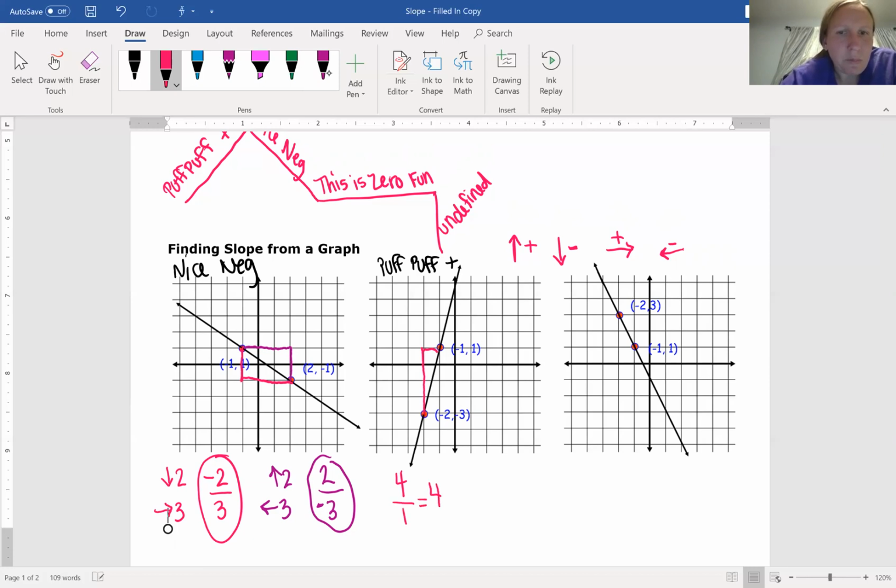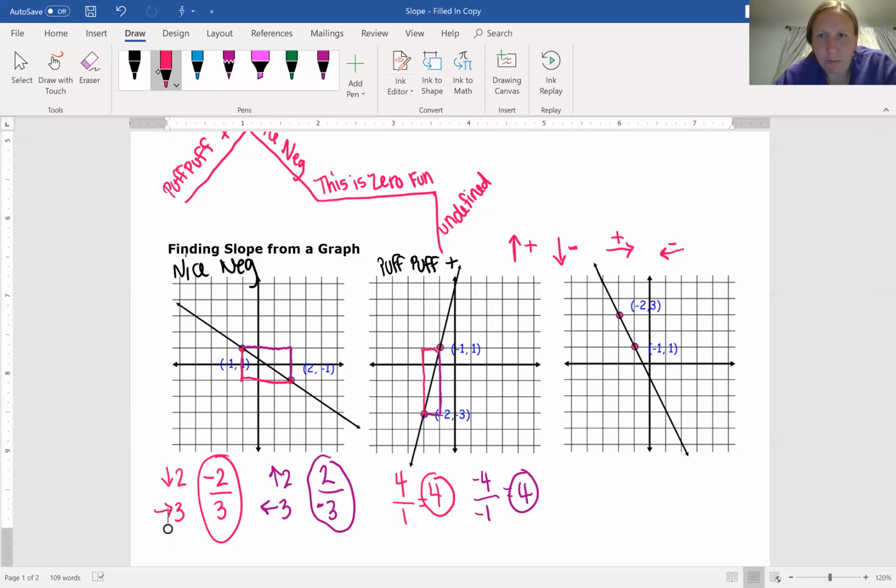We do want to simplify things, and if it's over 1, that just means it's that number. So it's positive 4. To show you what would happen the other direction, here we go down 1, 2, 3, 4. Down is negative. Over 1 to the left, left is negative. That negative over negative still gives us that positive 4.